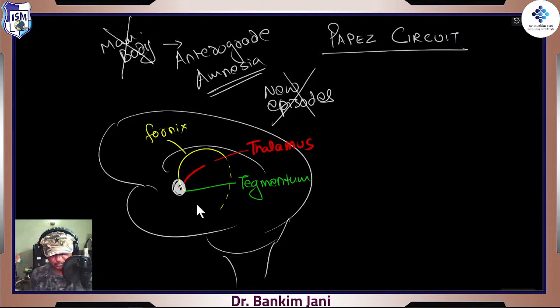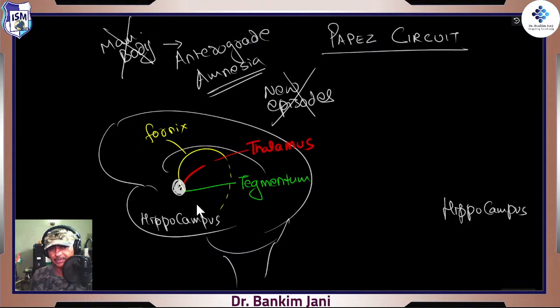Now see how interestingly everything starts. This area is called the hippocampus, right? Entire game would be played between them. The memory always starts with the hippocampus, because the mammillary body is associated with so many things.